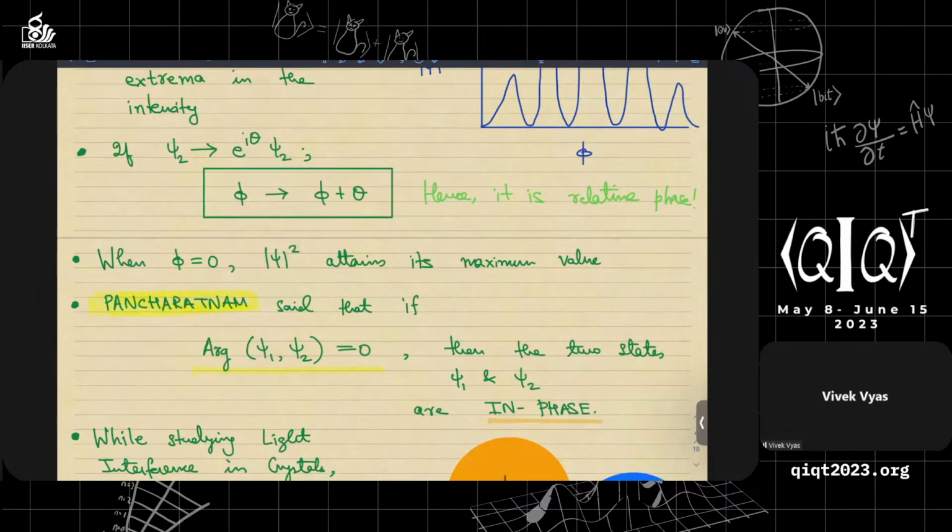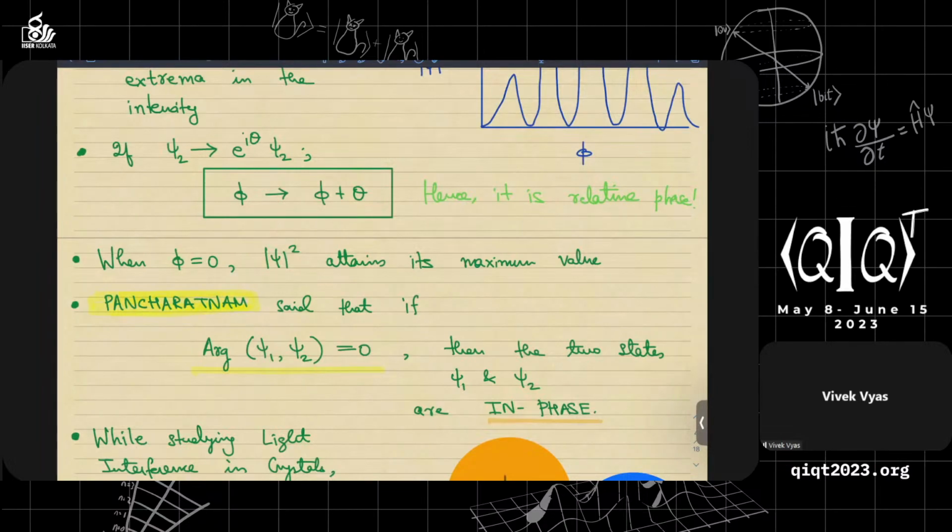Pancharatnam, who was a nephew of Sir C.V. Raman, in the 1950s was asked by C.V. Raman to study light interference in crystals. In that course, he started asking very simple questions: what do you mean by interference between light which is in different polarization states?